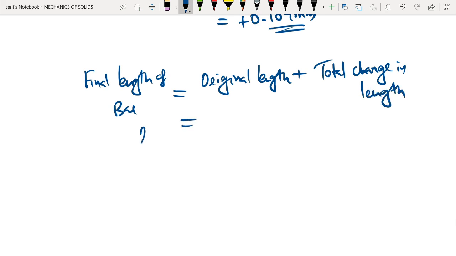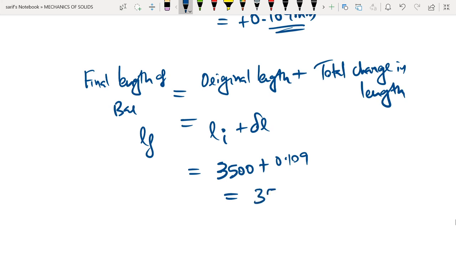So L final is equal to L initial plus delta L. The initial length was 3500 mm, and the change in length is 0.109. So we will have the final length as 3500.109 mm.